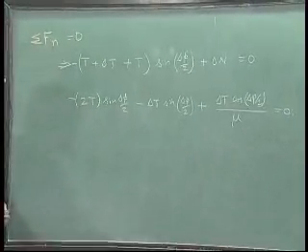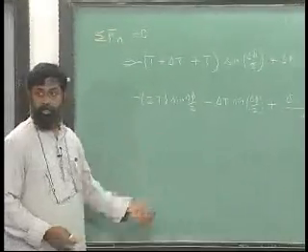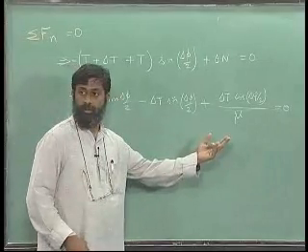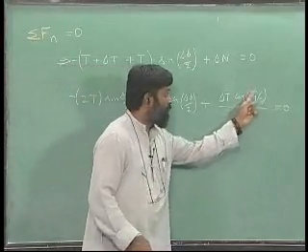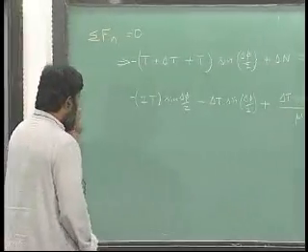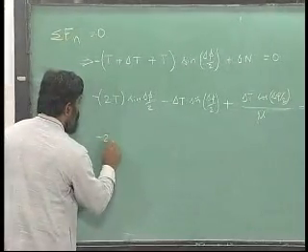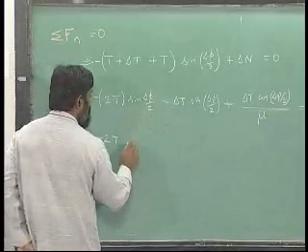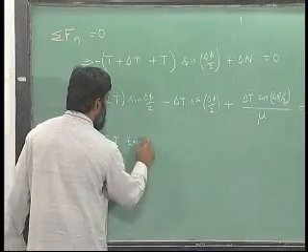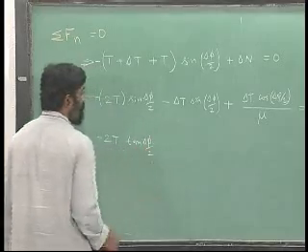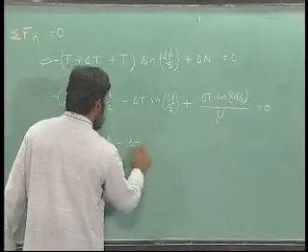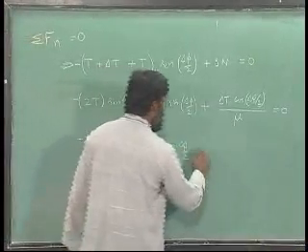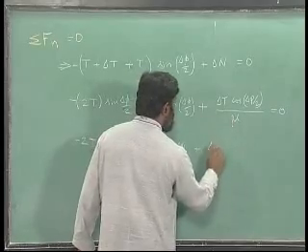Now, what am I going to do? I am going to divide throughout by cos delta phi by 2. If I do that, I get minus 2T sin delta phi by 2 by cos delta phi by 2, which is tan delta phi by 2, minus delta T tan delta phi by 2, plus delta T by mu.